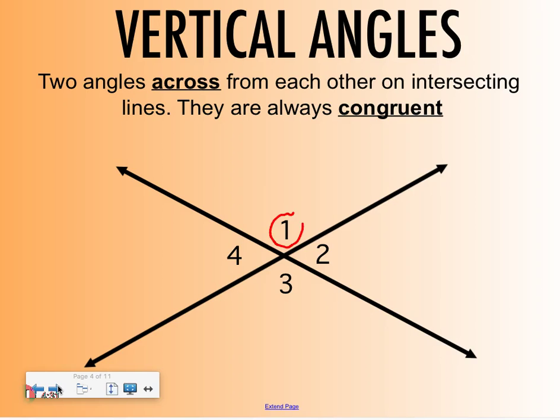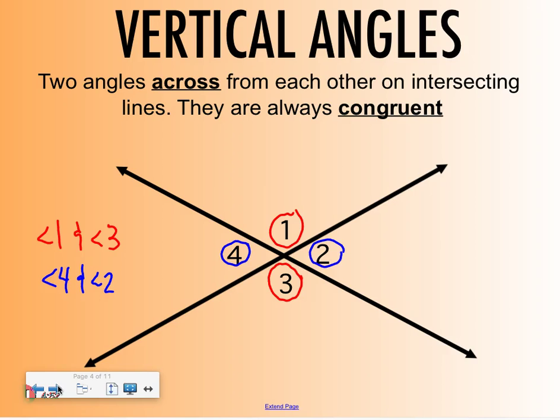So angle 1 is a vertical angle to angle 3. So I don't know if you want to write that angle 1 and angle 3 are vertical. And then obviously that would leave angle 4 and angle 2.